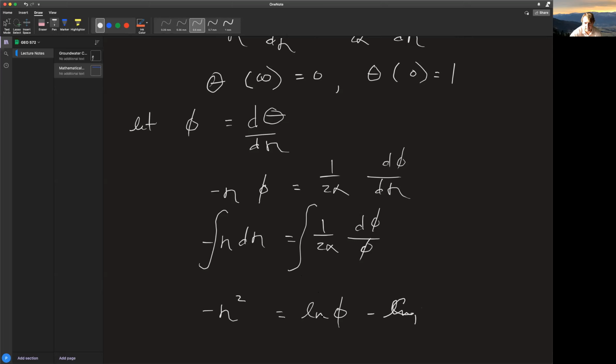I took all this negative and this business here, and lumped it into this constant of integration.